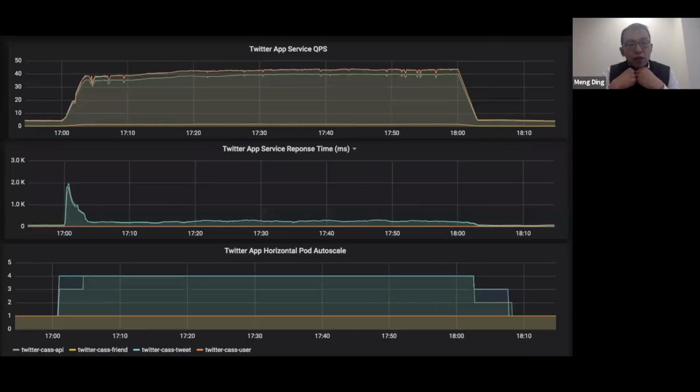And because we didn't set a very large number of max replicas, it also stabilized at 4 to maximize the CPU utilization. We also see the response time lowers much more quickly. In about 3 to 4 minutes, the response time lowers to around 300 to 400, which is in a predefined range.